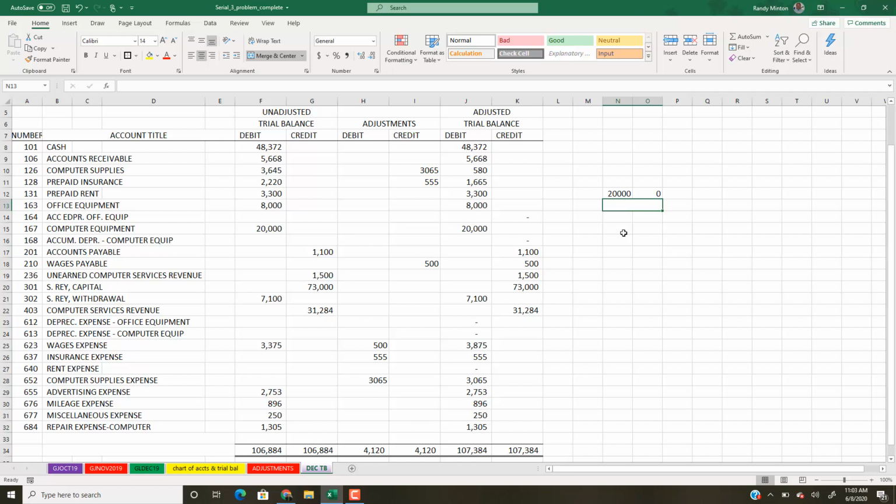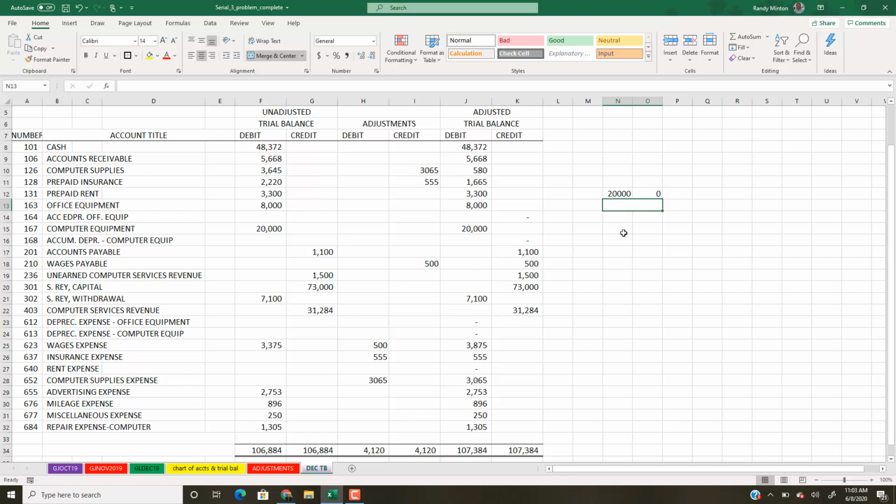However, in this case, we didn't start until October the 1st. So I can't take a full year's depreciation. Okay? Now, before somebody says, well, what about half year conventions and all of that? Let's not get into that yet. Right now, let's just look at what we would actually do for this particular thing.